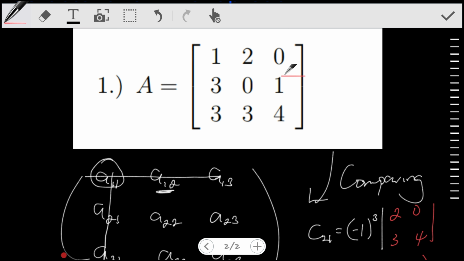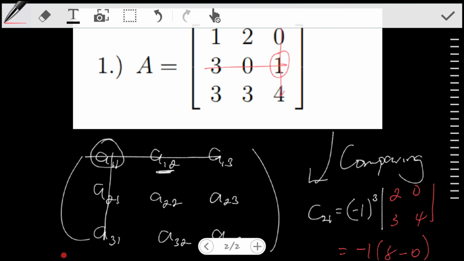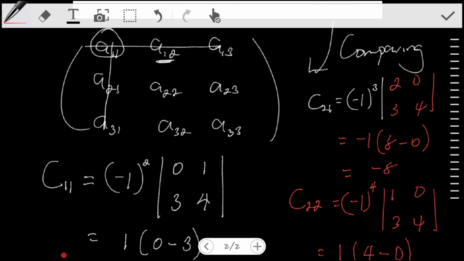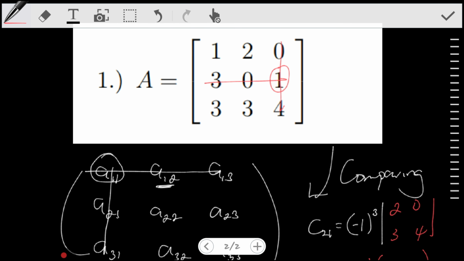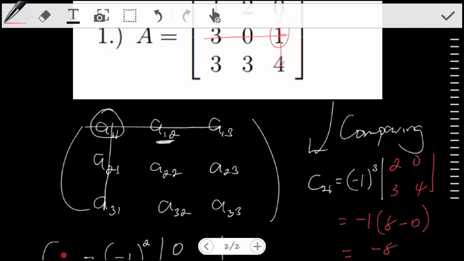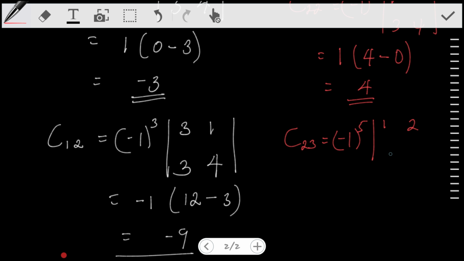This is 1, so we are eliminating this row and this column. That means the minor matrix has 1 2, 1 2, and then 3 3.